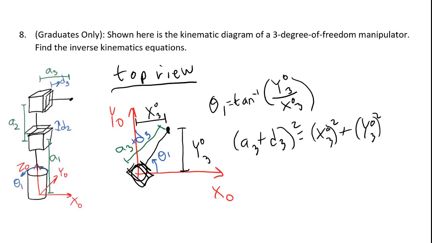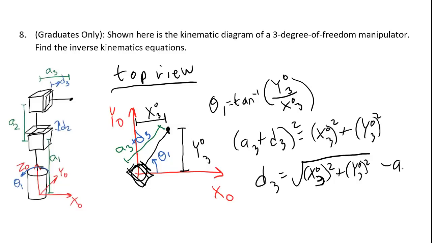And I want to solve for D3, so I'll start by square rooting both sides, and then I'm going to subtract A3 from both sides. So we end up with D3 is equal to the square root of x03 squared plus y03 squared, and then minus A3, and that minus A3 is not inside the square root.